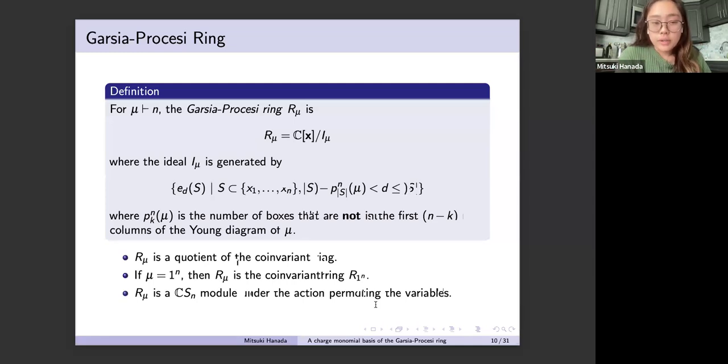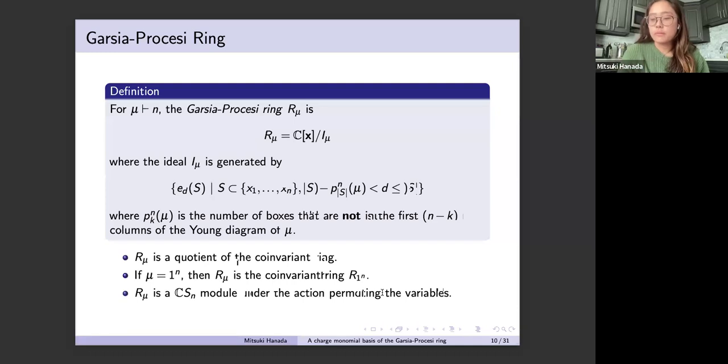The Garsia-Procesi ring is the cohomology of Springer fibers, which is a subset of our complete flag variety. So it's a natural quotient to consider, both in terms of polynomials and from a geometry perspective. They're super nice. They're indexed by partitions, and they're going to be quotients of our coinvariant ring.